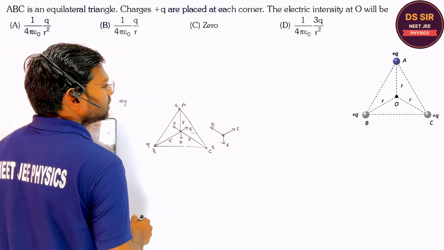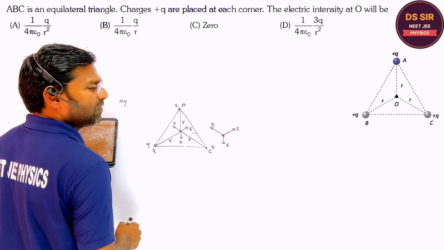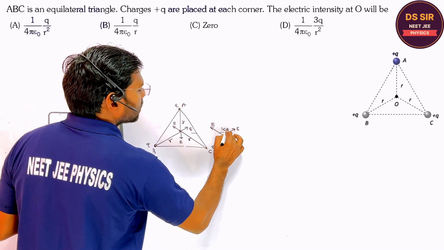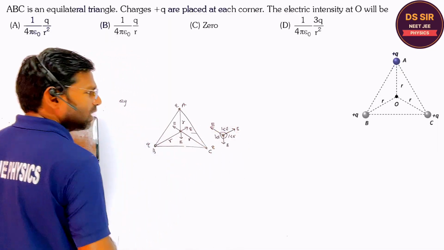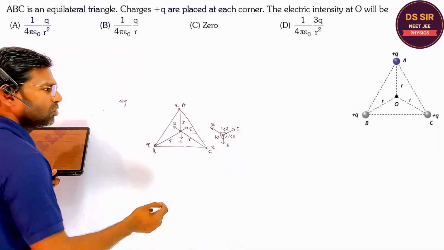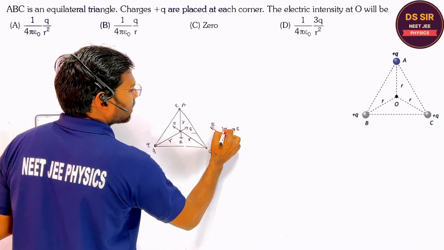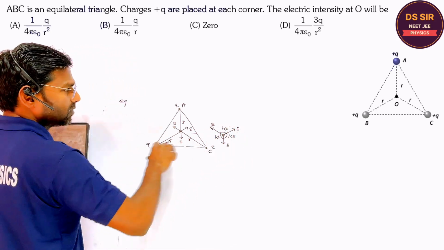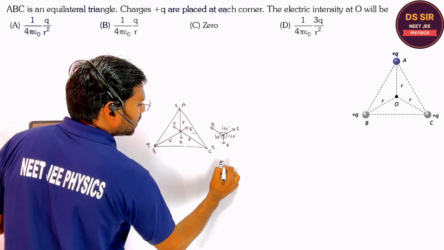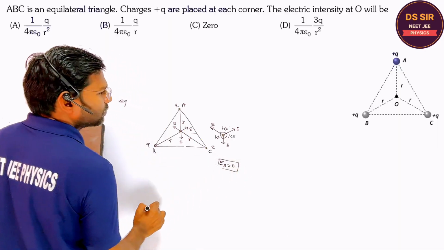Fine. So what is the angle between these three vectors? Listen, 120, 120 and 120. Listen to one thing: if equal forces or equal electric fields are acting in this way and the angle between them is equal, the net resultant electric field will be 0.